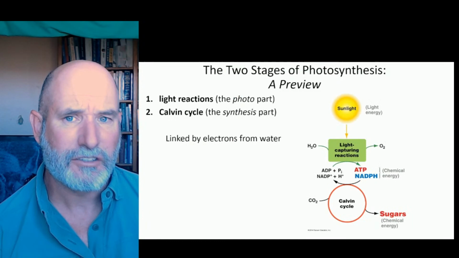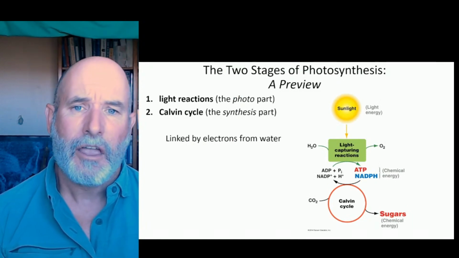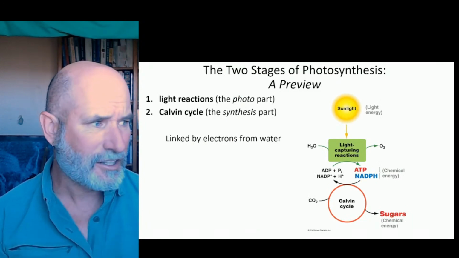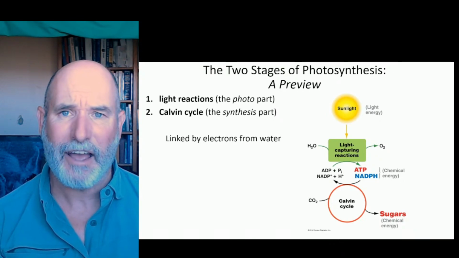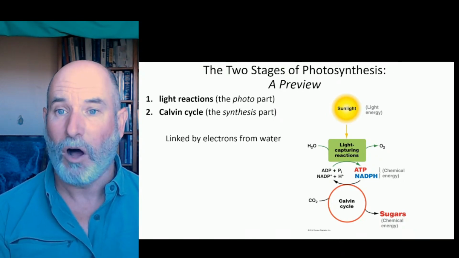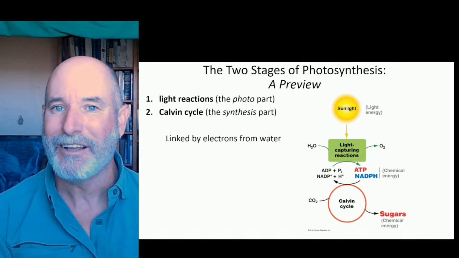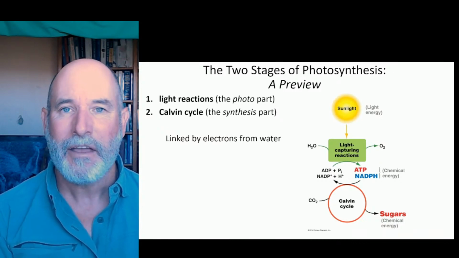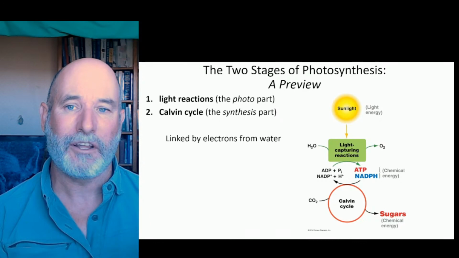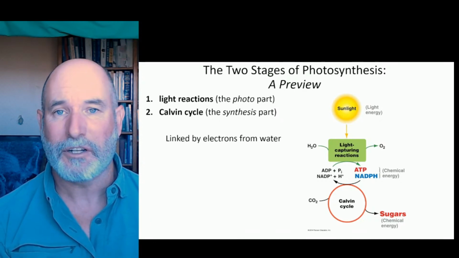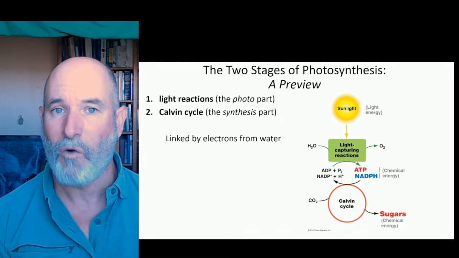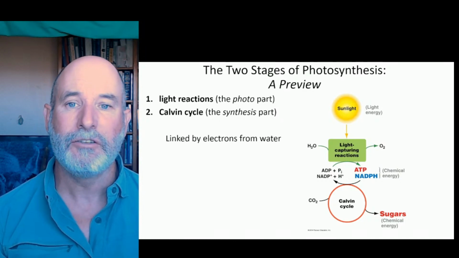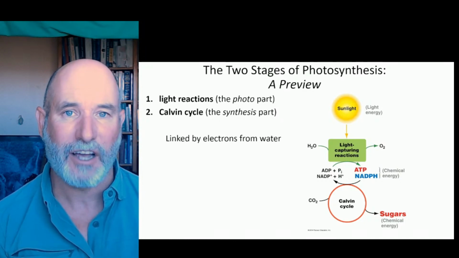So let's take a look at this overview of photosynthesis. We've got to take this energy from sunlight, and we're going to capture that energy. And we're going to ultimately transform that energy into ATP. This is the energy currency of life. And we're going to use that ATP, and then we're going to strip the electrons and hydrogens from water, and then we're going to ultimately use that in what's called the Calvin cycle.